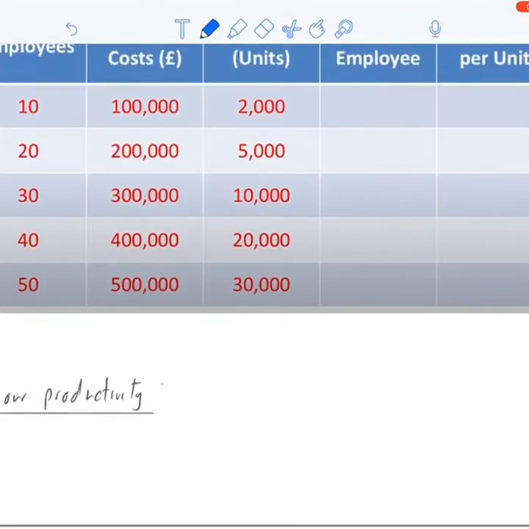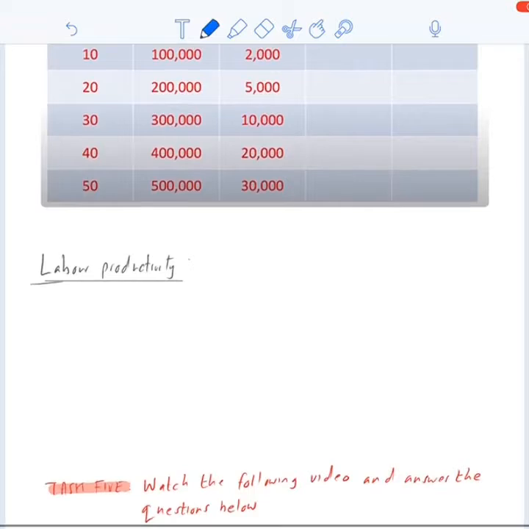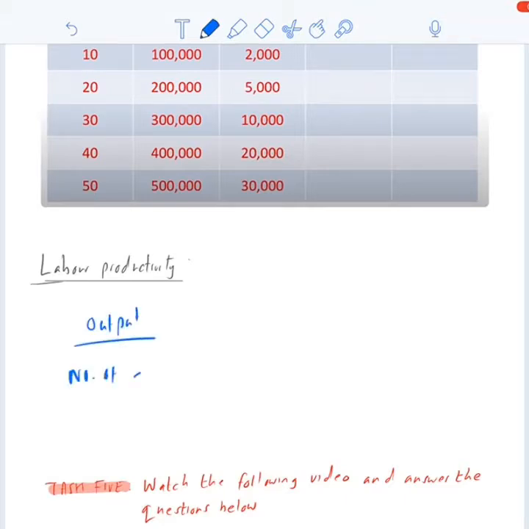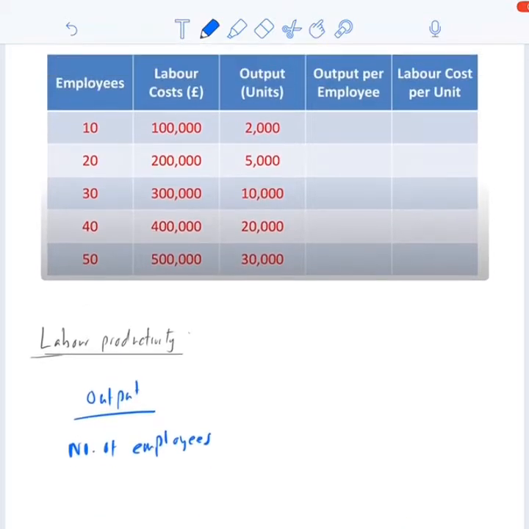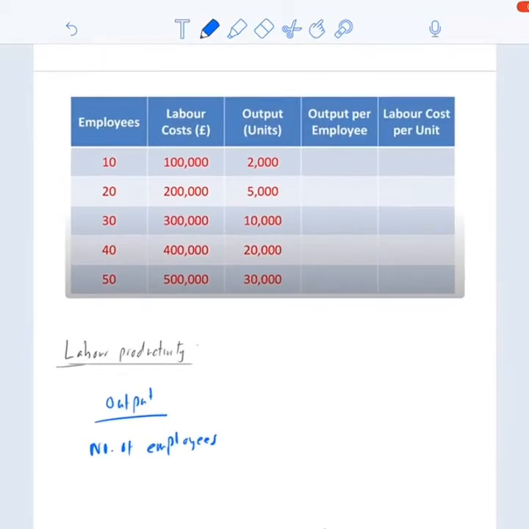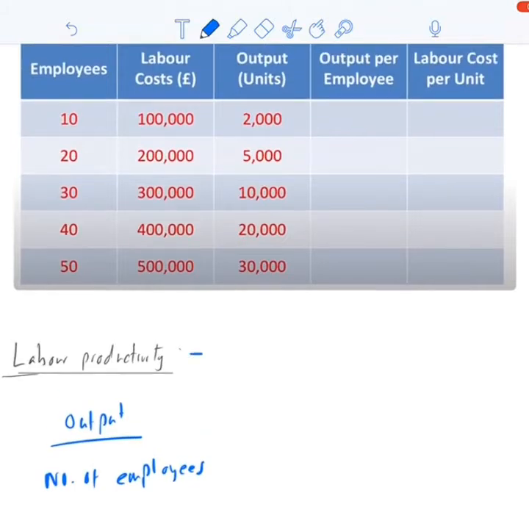So labour productivity then, the formula for labour productivity is the total output divided by the number of employees. Output per employee is one way you can measure labour productivity.